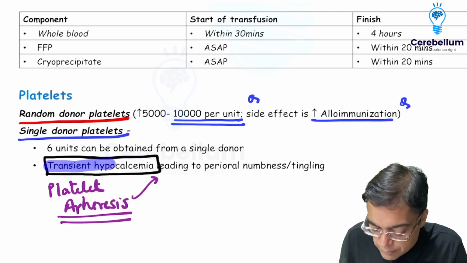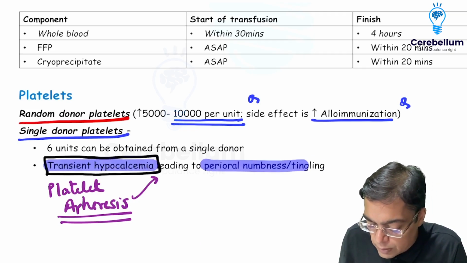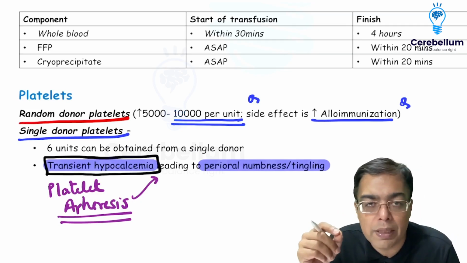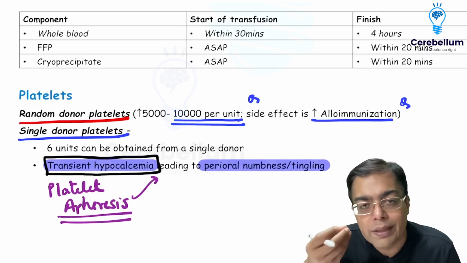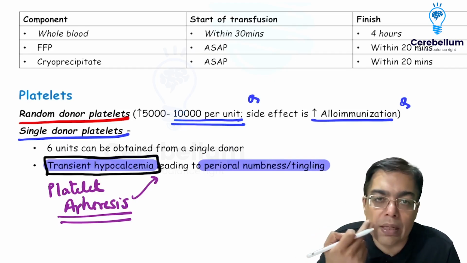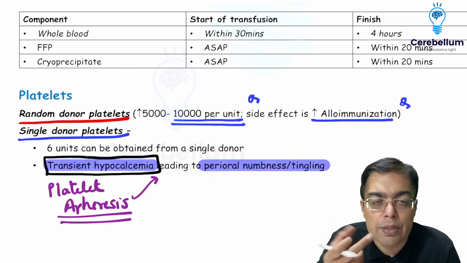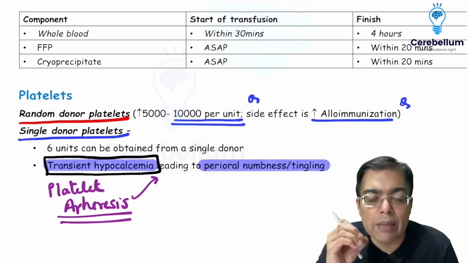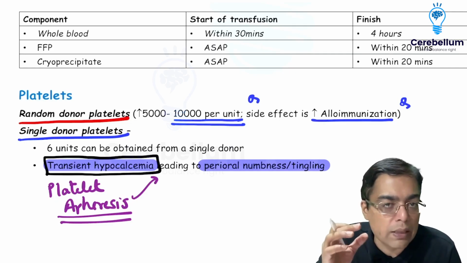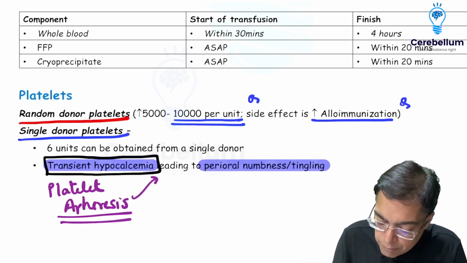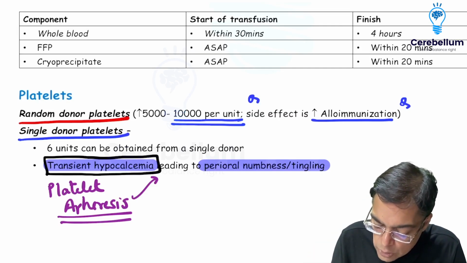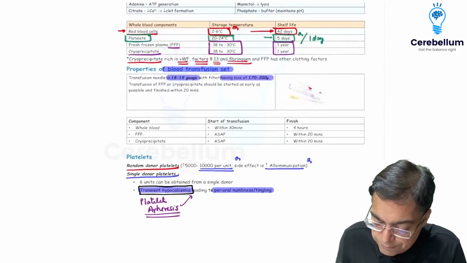And whenever there is transient hypocalcemia, the clinical manifestation, quite commonly when people go for platelet donation, is that they will complain of perioral tingling or perioral numbness. So because of the presence of the chelating molecules, there is a transient hypocalcemia which explains the development of perioral numbness or perioral tingling sensation.